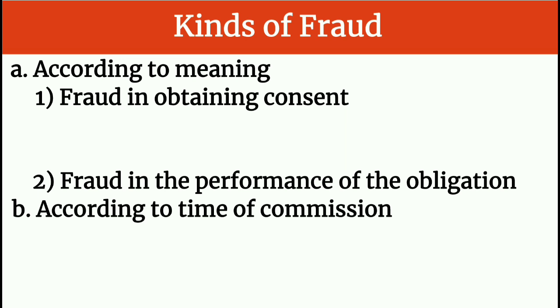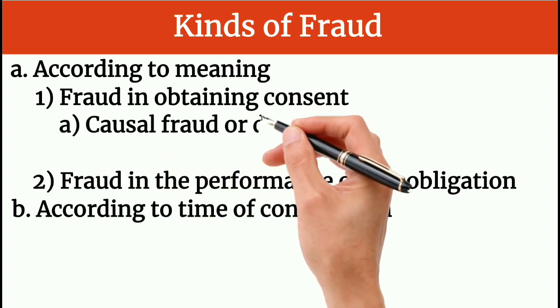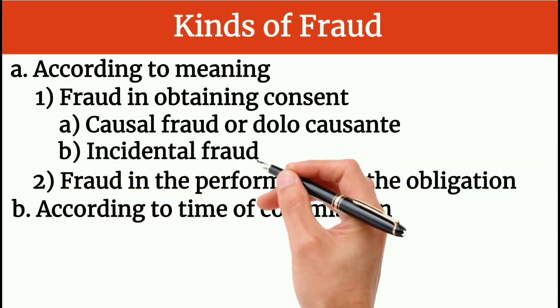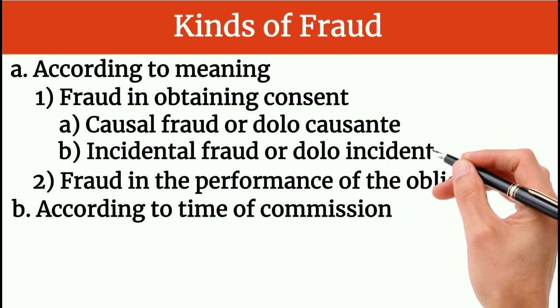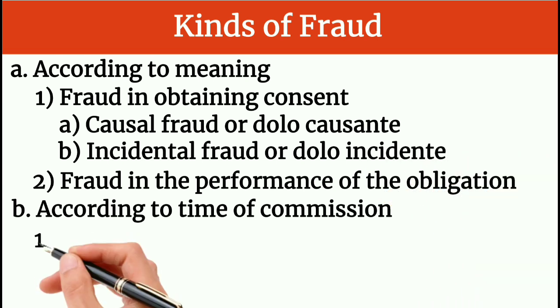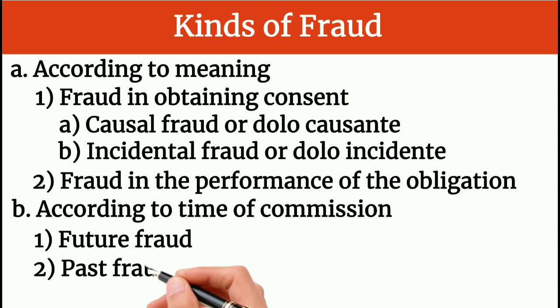Under fraud in obtaining consent, there are two. First is causal fraud or dolo causante, and second, incidental fraud or dolo incidente. The kinds of fraud according to time of commission are future fraud and past fraud.